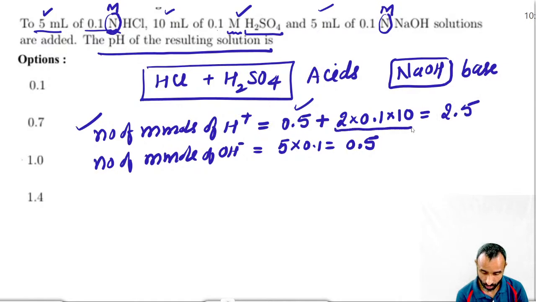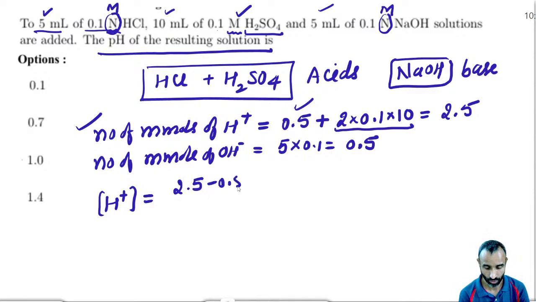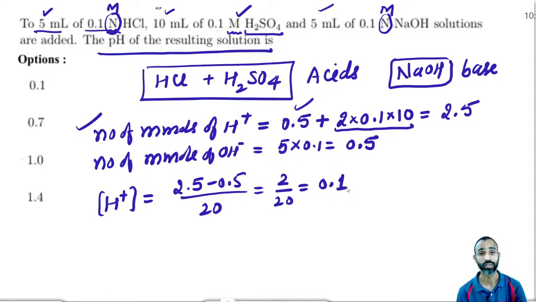Because it is 20 into 0.1, so it is 2.5. So in this way, the H plus ion concentration is 2.5 minus 0.5 divided by 20. So it is 2 divided by 20. So in this way, it comes out to be 0.1.